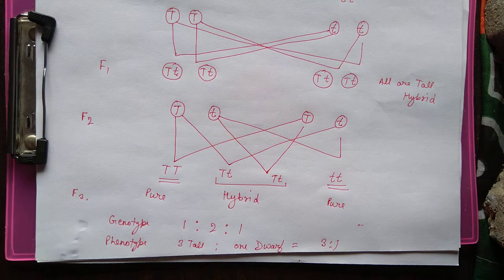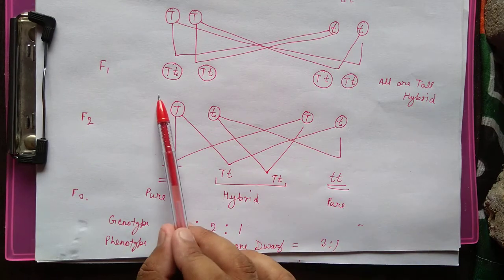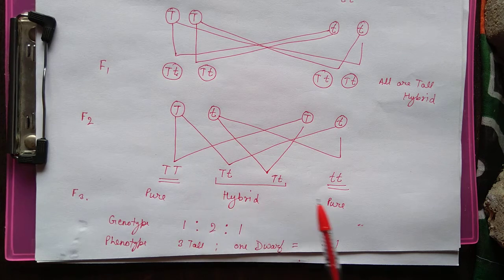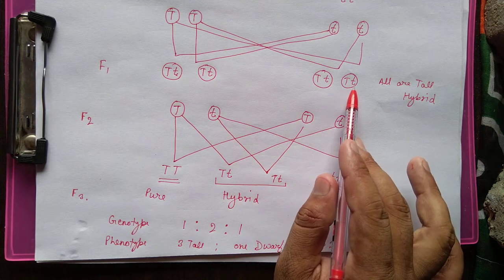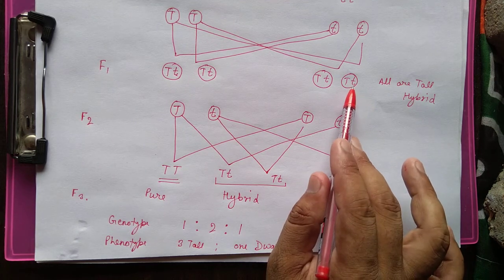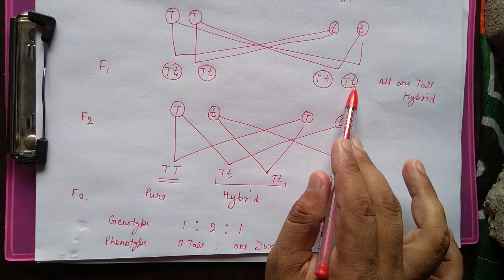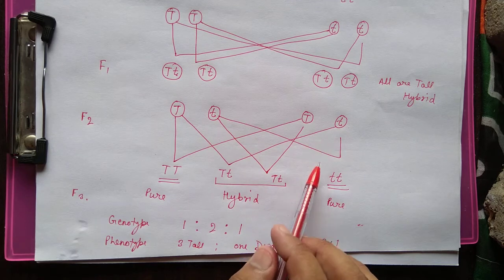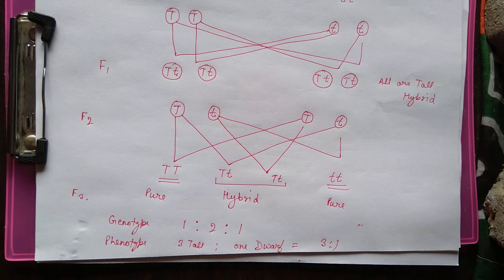There are some results of monohybrid cross. First, if we take two pure parents, the F1 are all hybrid, F2 has pure tall, hybrid and pure dwarf. The gene which transfers from parent to F2, here that recessive gene is the dwarf allele, that is recessive, does not show any character, but when the next generation comes, it shows its expression. So the recessive gene skips one generation.